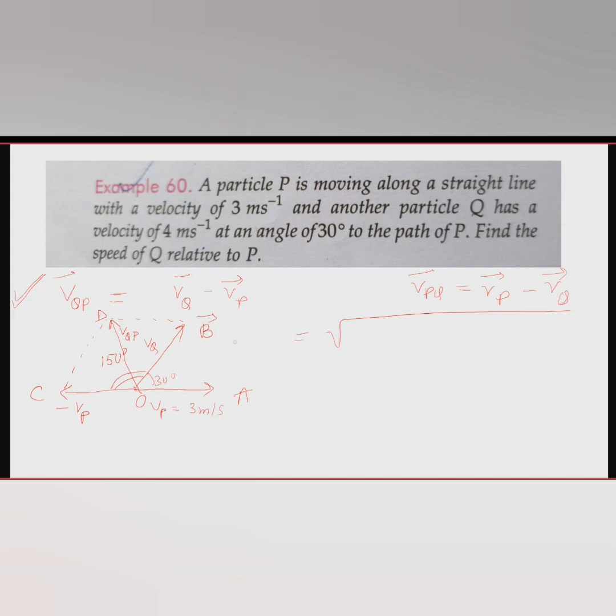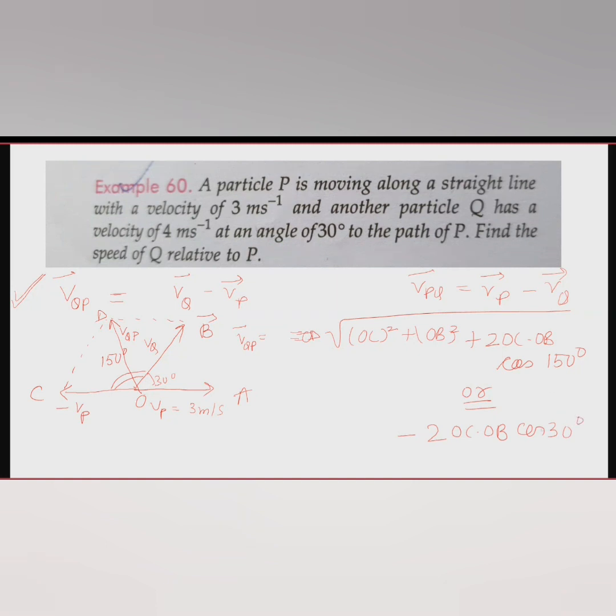So in this case, VQP, which is nothing but the length of your vector OD, will be OC square plus OB square plus 2 OC into OB into cos 150 degrees, or you can write minus 2 OC OB cos 30 degrees.